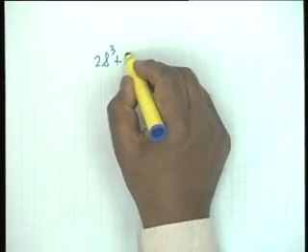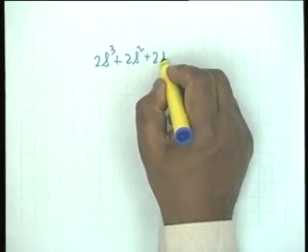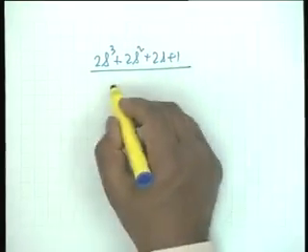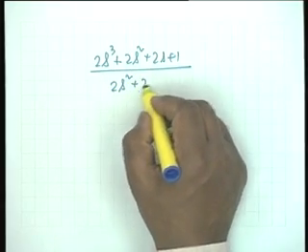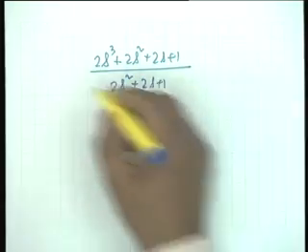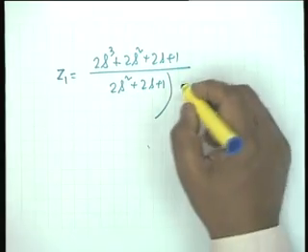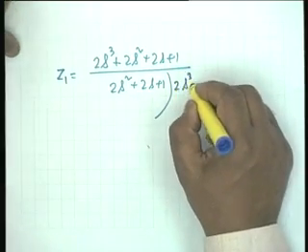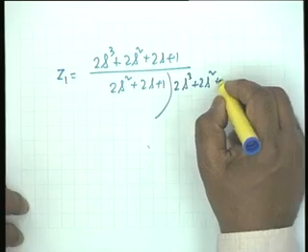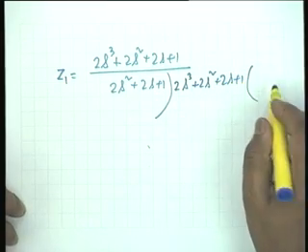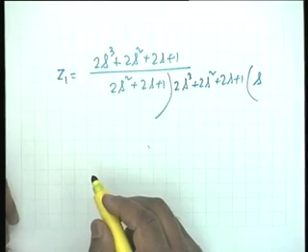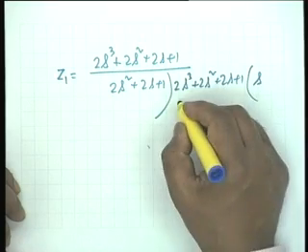Okay. The mechanization is this: we have 2s cubed plus 2s squared plus 2s plus 1 divided by 2s squared plus 2s plus 1. The mechanization of this synthesis is development of a continued fraction. You write this here and then you see the quotient is s.